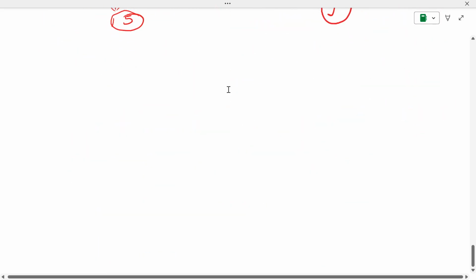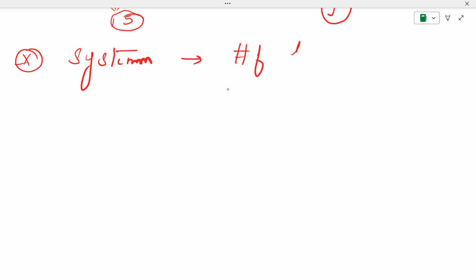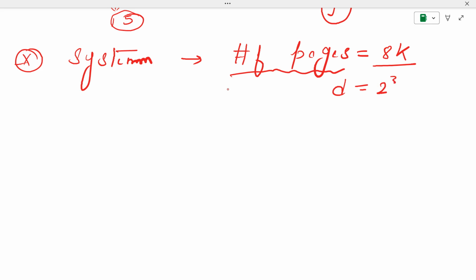Now, some questions will be like, we have to consider a system, and the system has the number of pages equal to 8k. So now you have been given the number of pages, so you can represent P, that is 2 raised to the power 3 into 2 raised to the power 10, that is 13 bits.